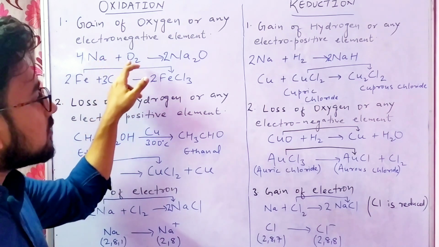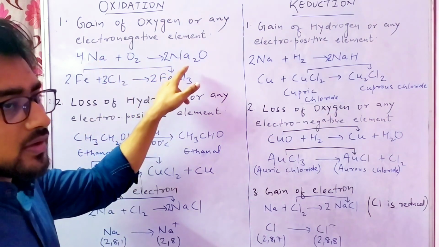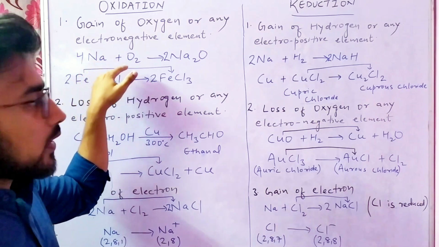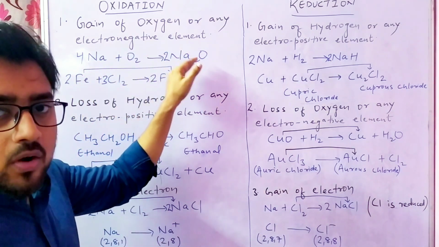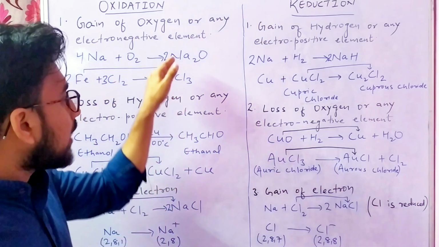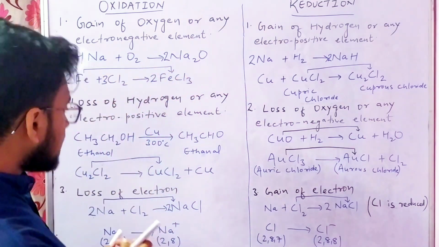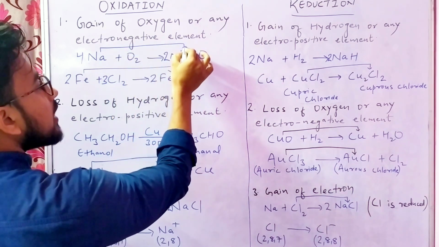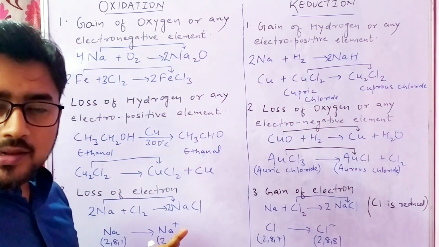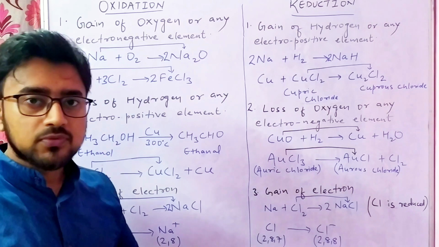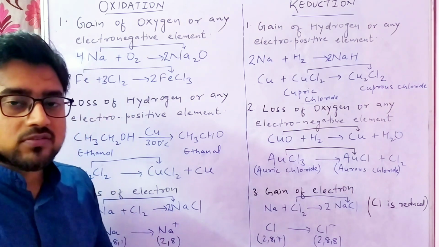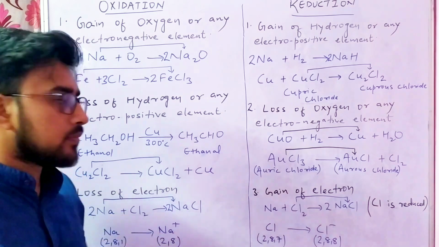Sodium is reacting with oxygen and we get sodium oxide. In the reactant sodium is there and in the product sodium oxide is present. So sodium is getting oxidized. Why? Because oxygen is added here. Am I clear? Suppose C plus O2 gives CO2. Oxygen is added to carbon, so carbon is oxidized, because oxygen is added to carbon.